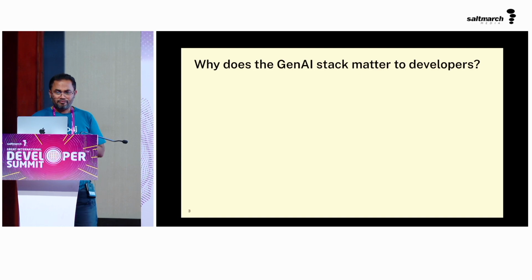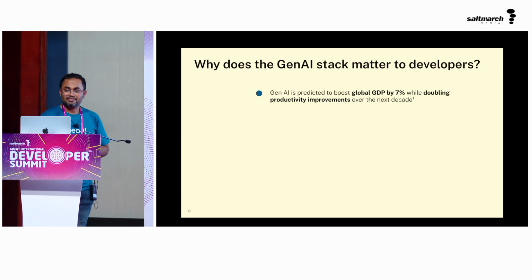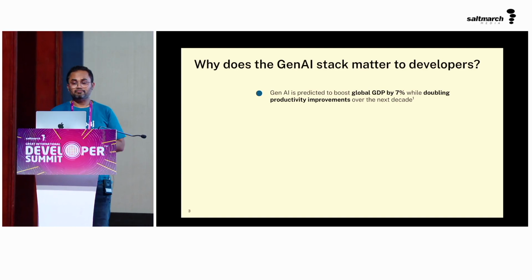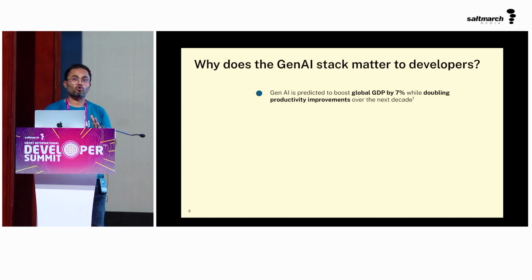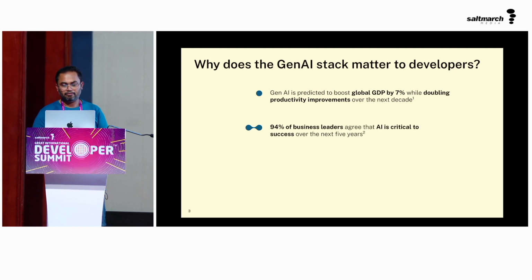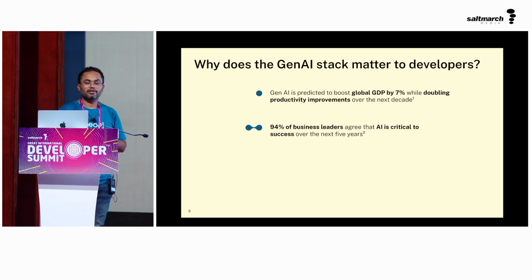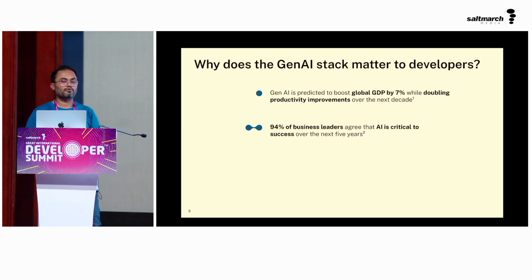So let's talk about some of the facts and figures. Goldman Sachs last year predicted that GenAI can boost the global GDP by 7% while doubling the productivity improvement over the next decade. And in a recent survey by Deloitte, 94% of business leaders agree that AI is critical to success over the next 5 years.